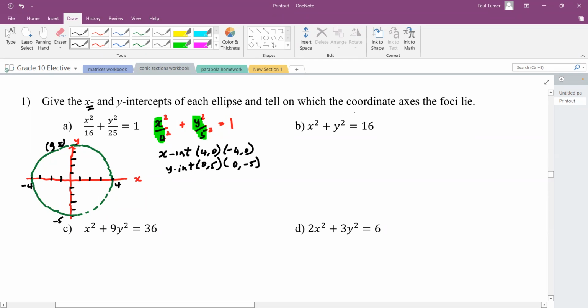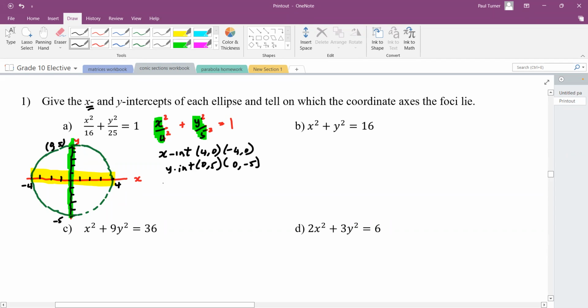And it says, what axes do the foci lie on? Now, the long axis is this one here. This is the longest axis. This is the major axis because it is 10 units long. This axis, the x-axis, is only 8 units long. So the major axis is the y-axis. So your focal point must be on the y-axis, the long axis.